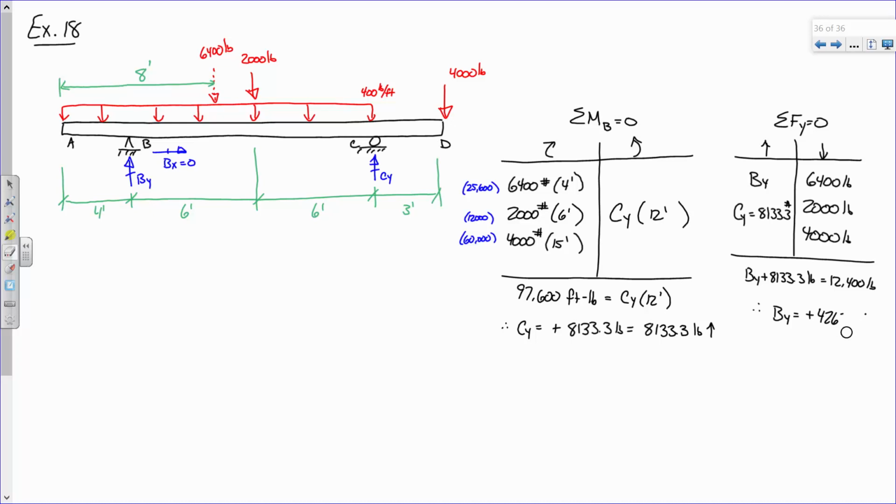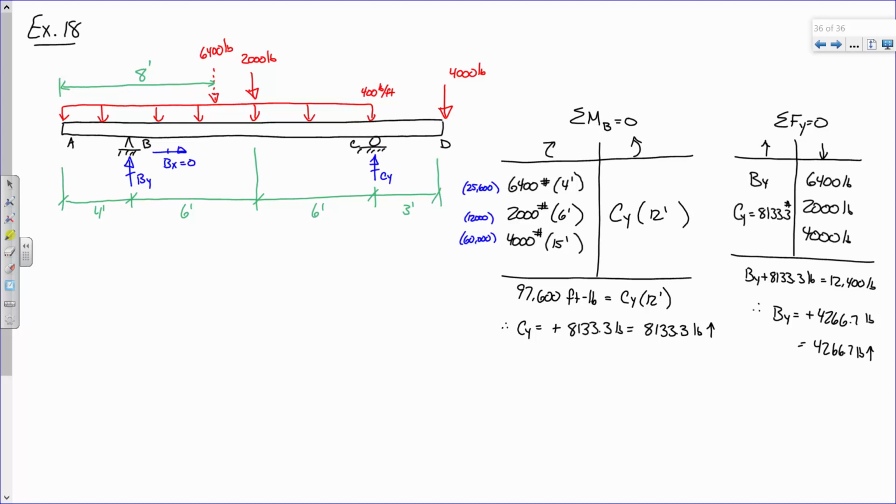Do I have a second on that? All right. And so that's 4266.7 pounds up. Sound good? All right.